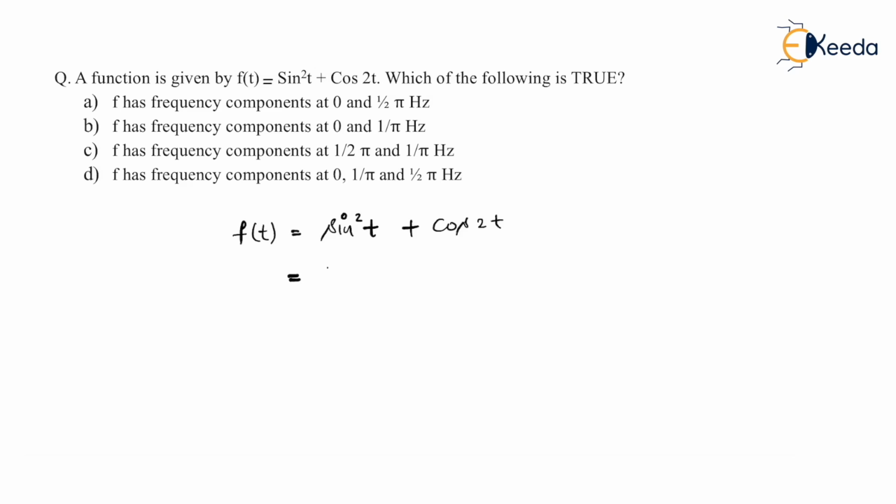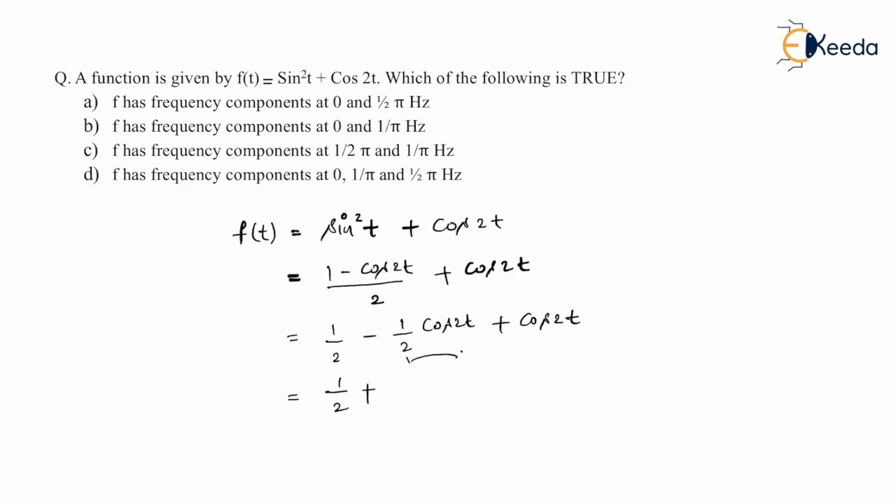So I can rewrite it as (1 minus cos of 2t) whole divided by 2 plus cos of 2t, or half minus half cos of 2t plus cos of 2t, or I can write it as half plus half cos of 2t.